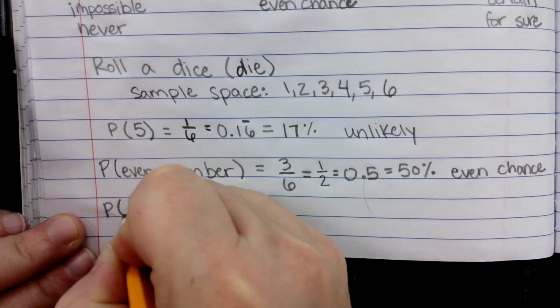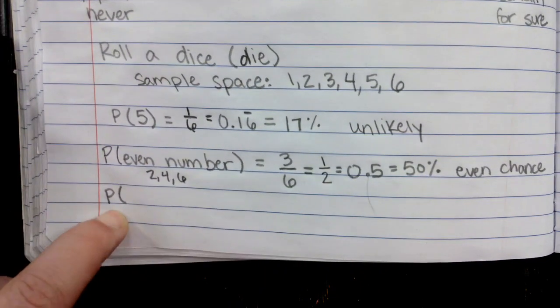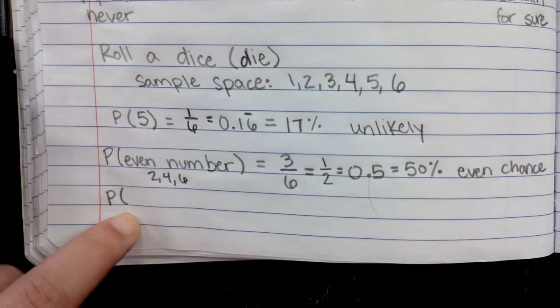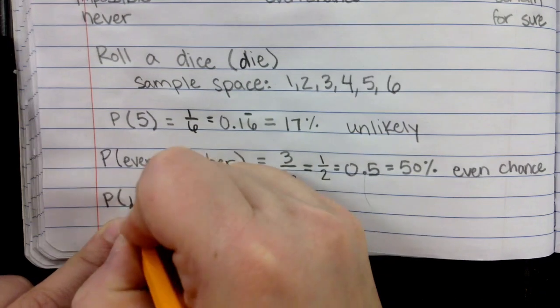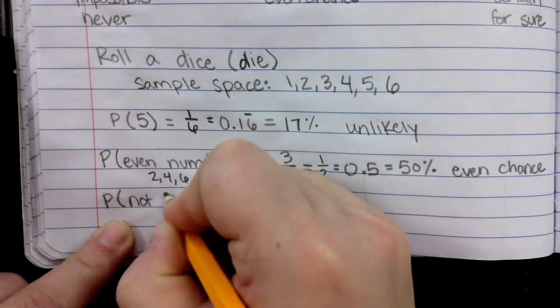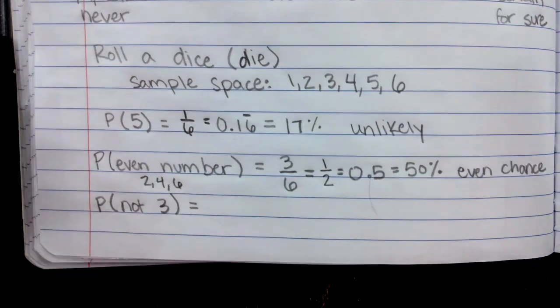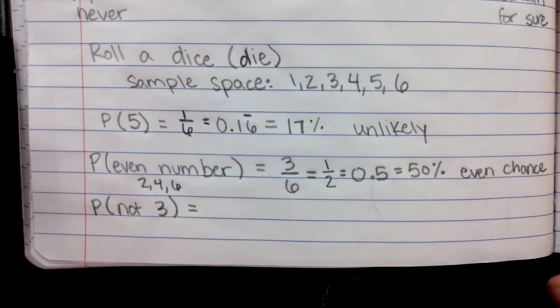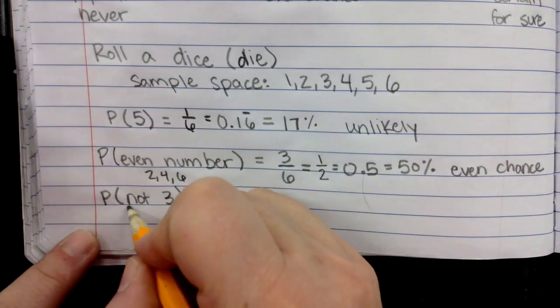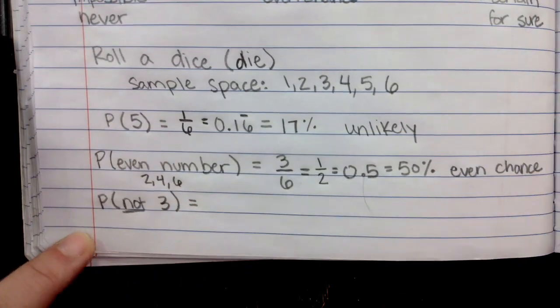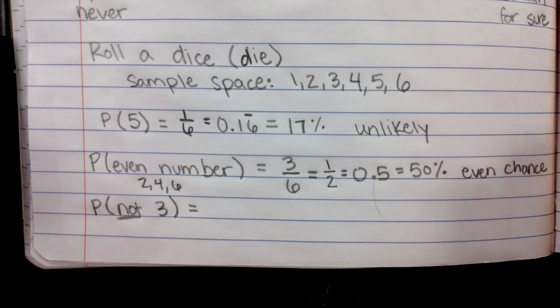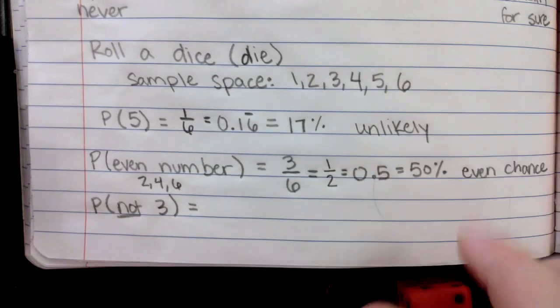So what are my options on a dice other than a 3? 1, 2, 4, 5, and 6. Anything but a 3. I can't have a 3. Okay? So how many options do I have there? 5. So 5 out of 6.